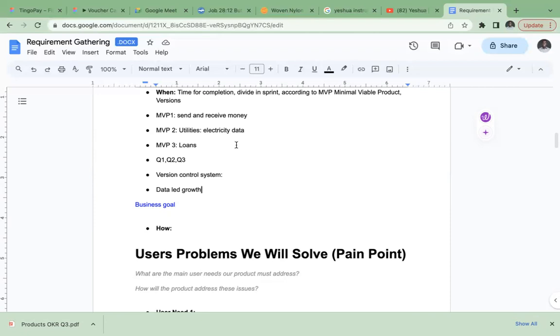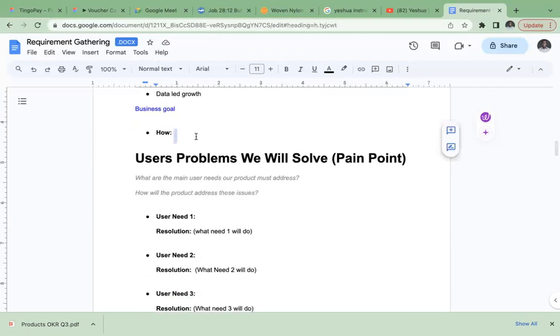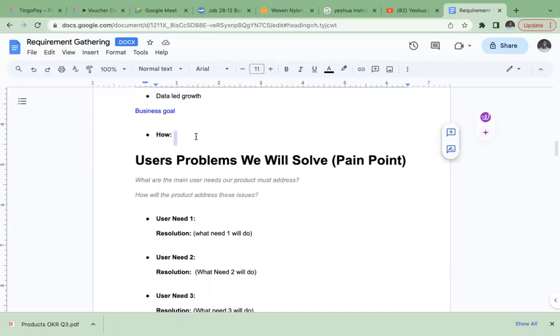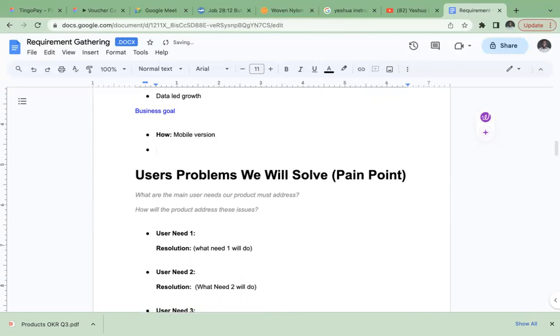Okay, let's just go fast. I explained that the solution is to have a mobile version.